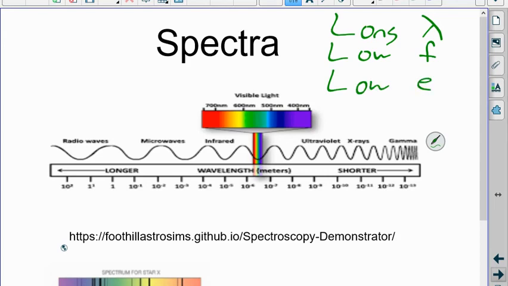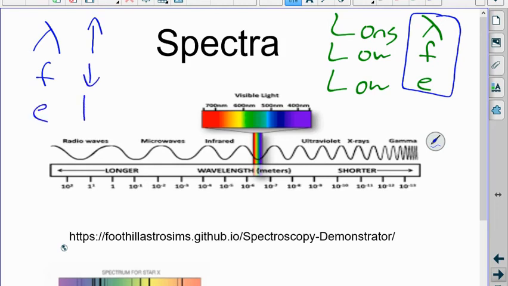So the other way of kind of saying that, and I wrote their symbols over here, that as the wavelength increases, the frequency decreases and the energy decreases. As the wavelength decreases, the frequency and energy increase. There's your inverse to wavelength. Longer wave, lower energy, lower frequency. So there was that portion of it.